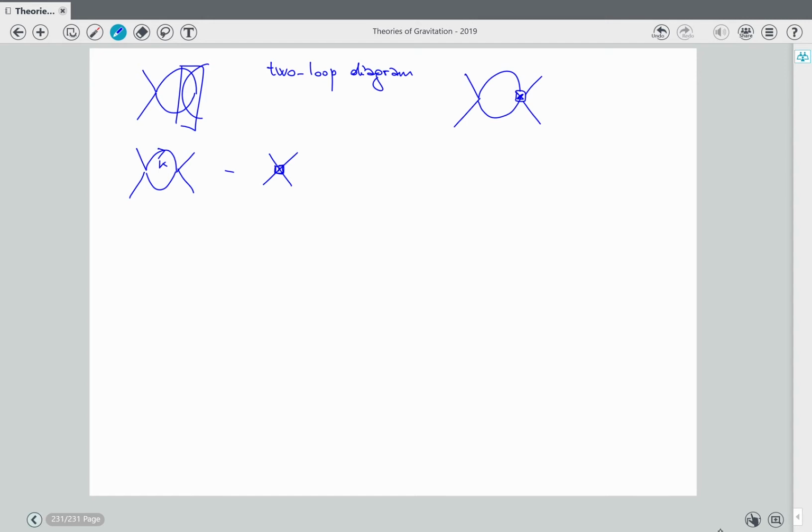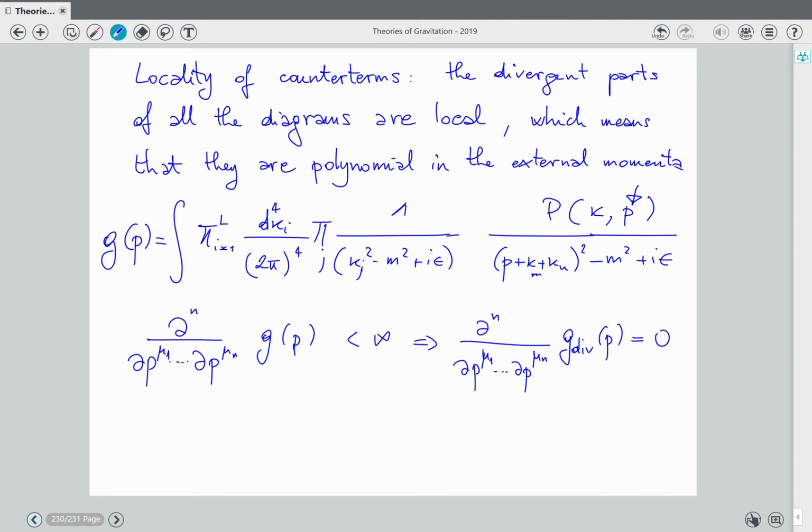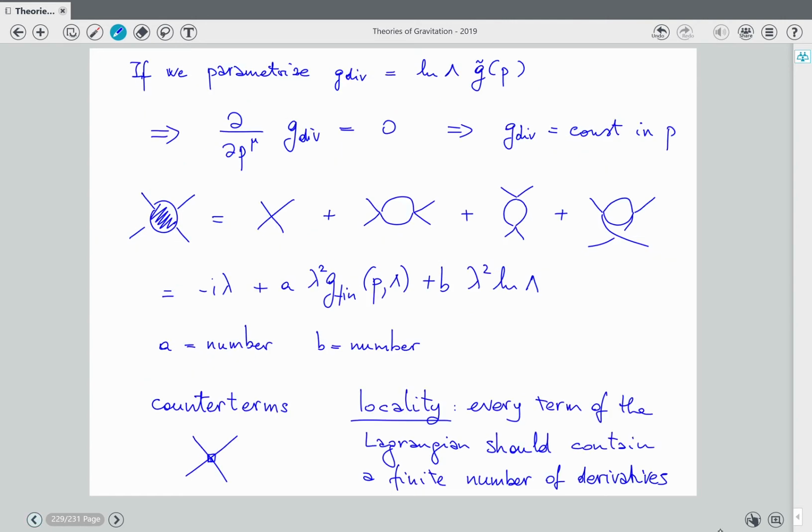that means that you can subtract the divergent parts, which are polynomial, by correcting your Lagrangian. Because in the Lagrangian, every term should contain a finite number of derivatives. And the theorem of locality of counterterms tells you that every counterterm has the same property.